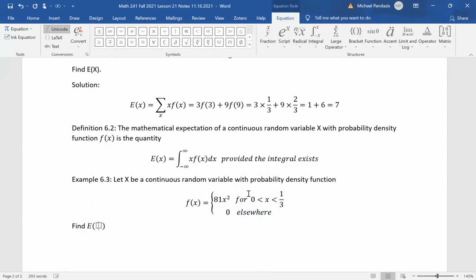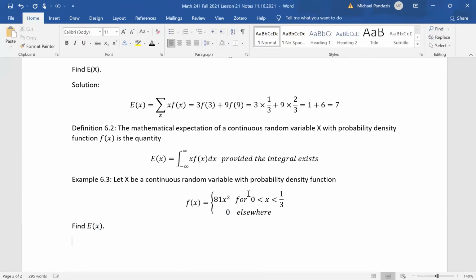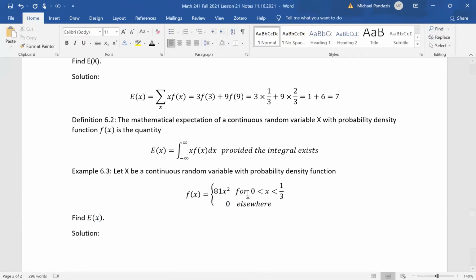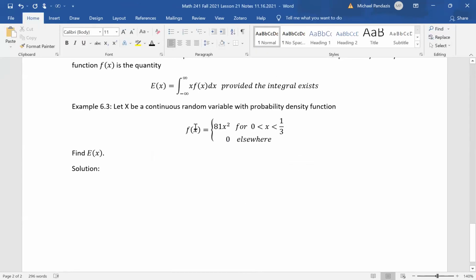Find again the expected value of X. So we have this continuous random variable with this probability density function defined here. We want to find the expected value of X.